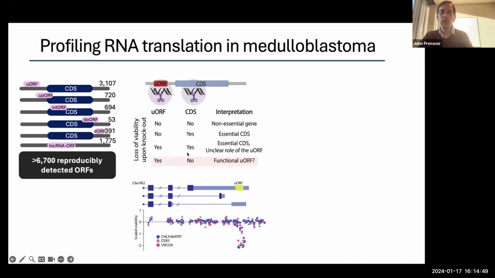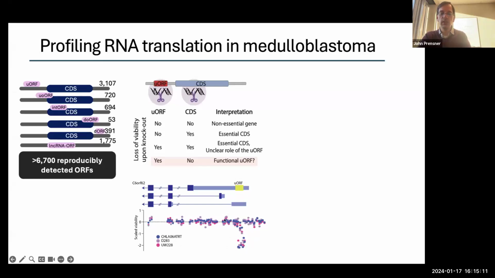And we could follow this up with even higher precision CRISPR work, where we could actually saturate the genomic turf. And here what you're looking at is each dot is a guide RNA, done in 3 different cell lines. When you specifically have guide RNAs for this upstream open reading frame, the cancer cells will die.